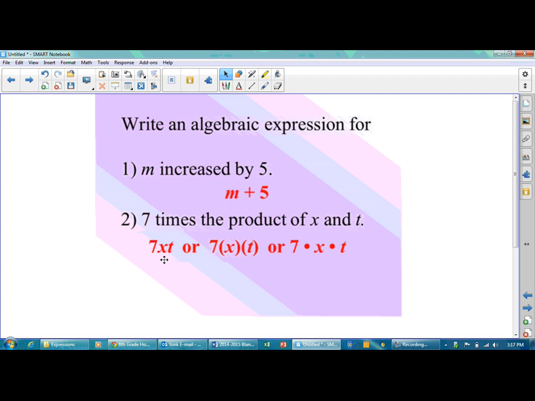At this point in time, I won't take off if you have xt, but you should get yourself in the habit of putting them in alphabetical order. Okay. This is a mistake on my part. I should have fixed this so that it said tx, but I made that mistake.